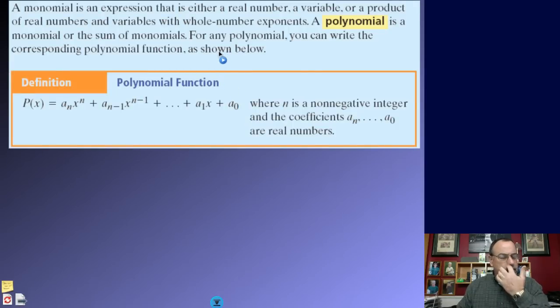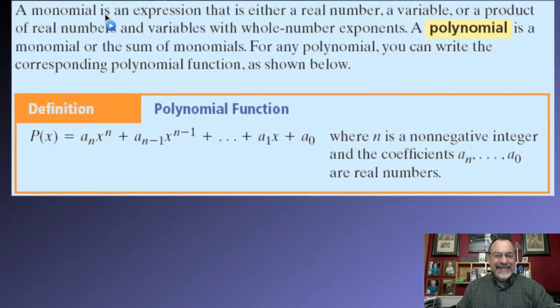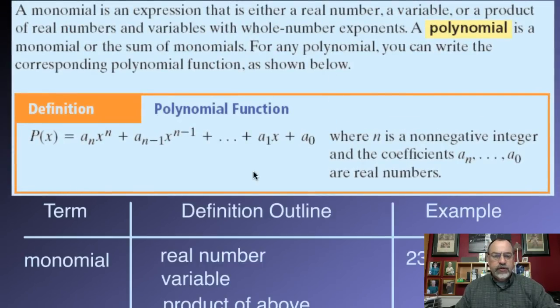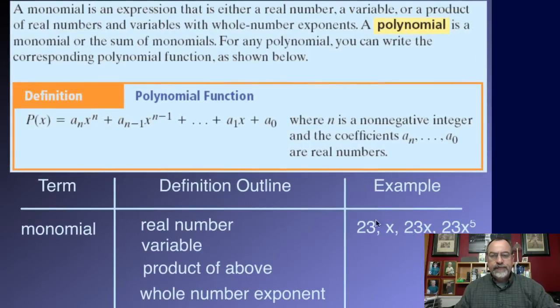Now, this paragraph describes what a monomial is, and it tells us what it is. It's either a real number, so a monomial can be just a real number, like the number 23, or it could be just a variable, like the letter x, or it could be a product of a real number with a variable, so 23x, that means 23 times x. Or you could use any variable with a whole number exponent.